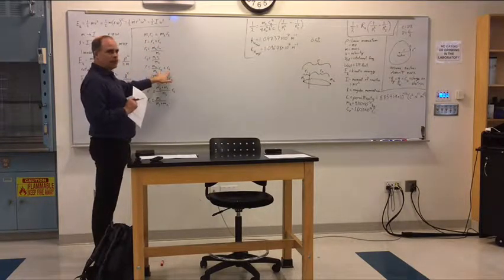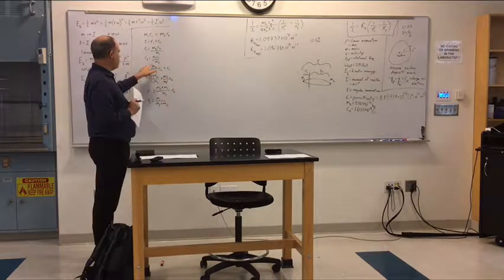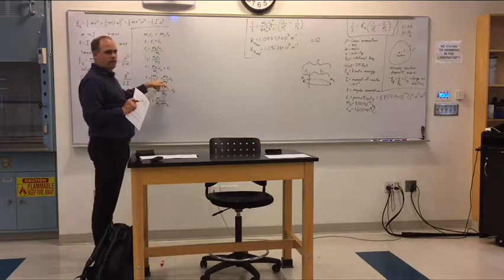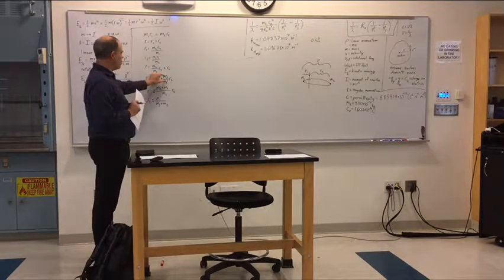Now, I got R2 in common, so I can pull the R2 out, giving me M2 over M1 plus 1, but I want to be able to add them together, so the value over itself is equal to 1. So I do that, I can now bring them together, giving me this.